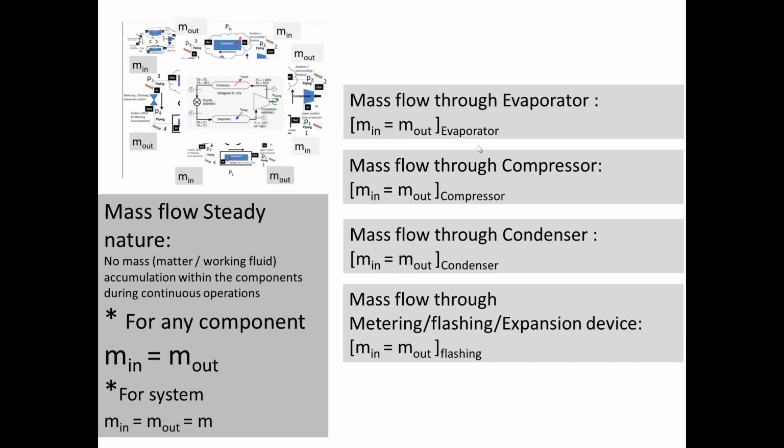So when you have this, one component's out is another component's M in. So finally, for the system, M in equals M out equals M for the system. You can see here, for any components, M in is M out. So finally, it's a unique figure when it comes to steady state operations.